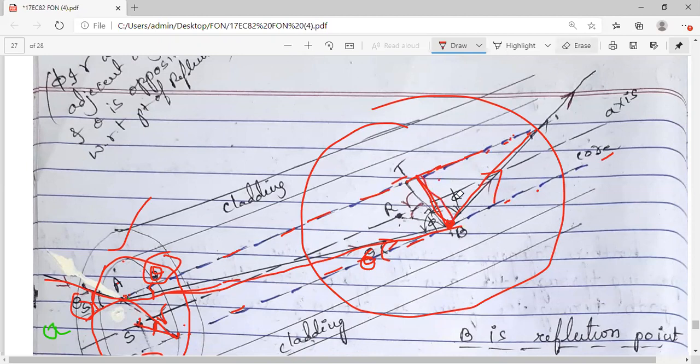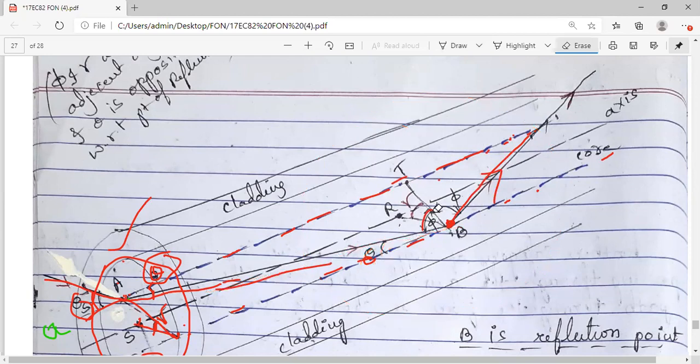If you draw this, you can see it here. This angle is angle of incidence because this ray is coming, hits the point, and this is the projection. It reflects. So this is your angle of incidence.